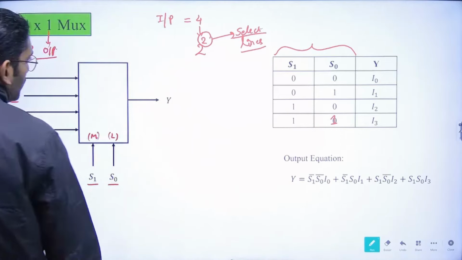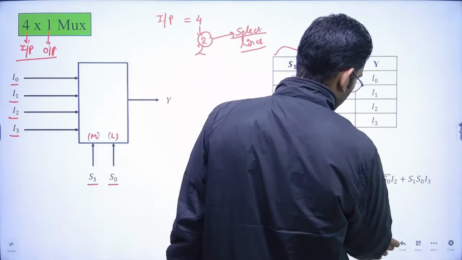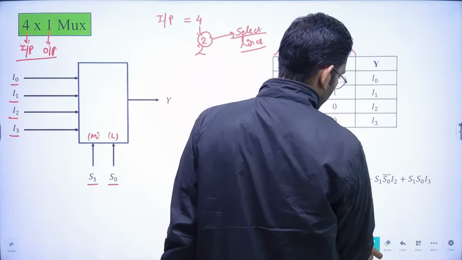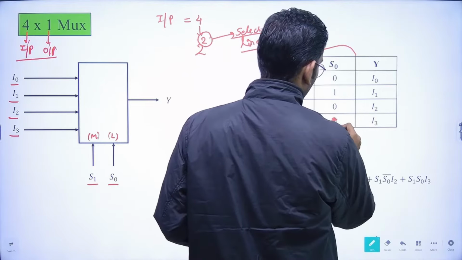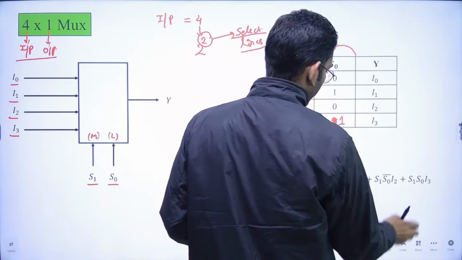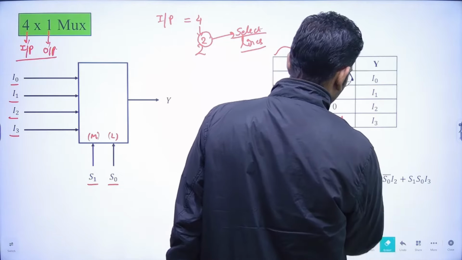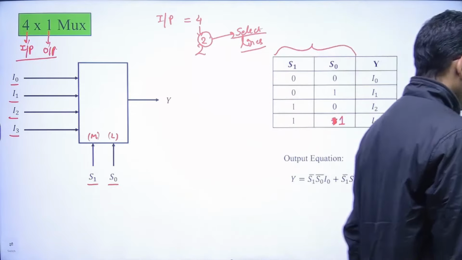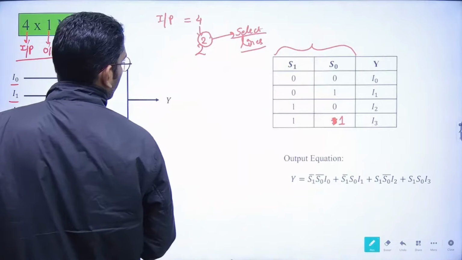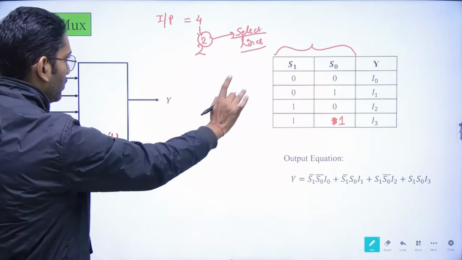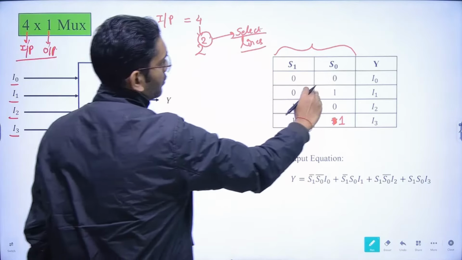So this combination is 1, 1. Now when on the select lines we are having 0, 0, then which input would be selected?